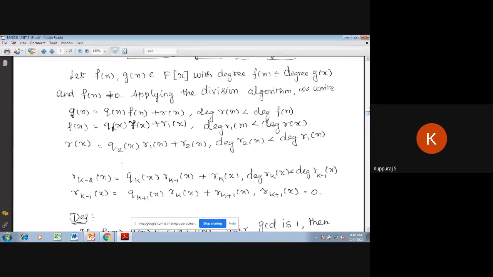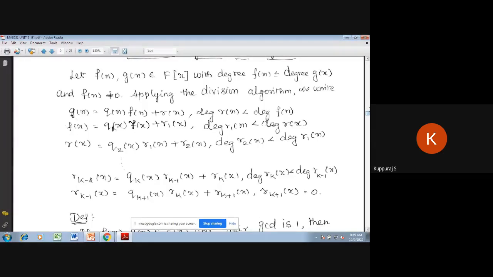So now again the f of x, the divisor, becomes the dividend and the remainder becomes the divisor.